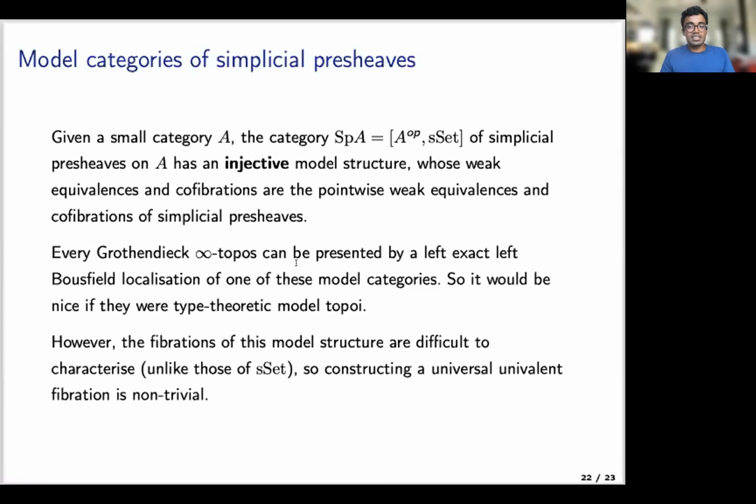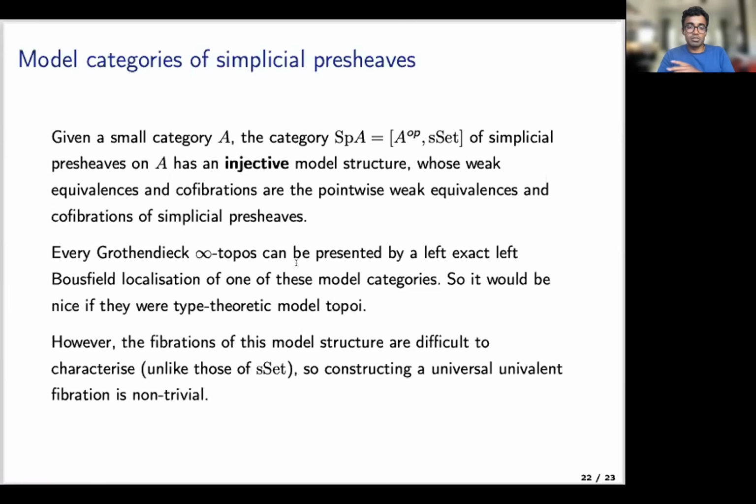However, this is a lot trickier than in the case of simplicial sets. And why is that? That's because the fibrations of this injective model structure are difficult to characterize. For people who know, there are other model structures that present the same infinity topos, the presheaf infinity topos, like the projective model structure, but those are obviously not type theoretic, because their cofibrations are not all the monomorphisms.